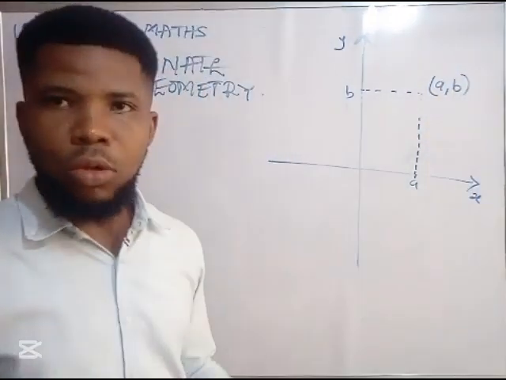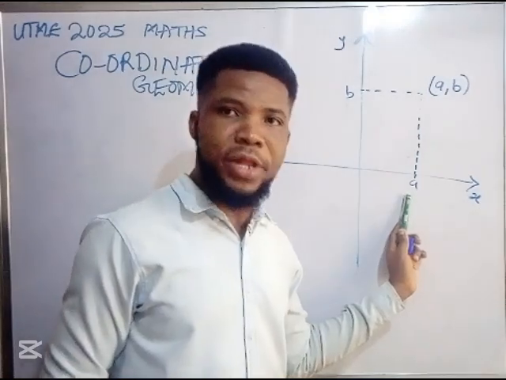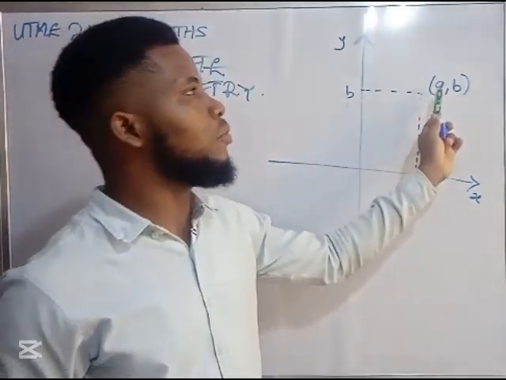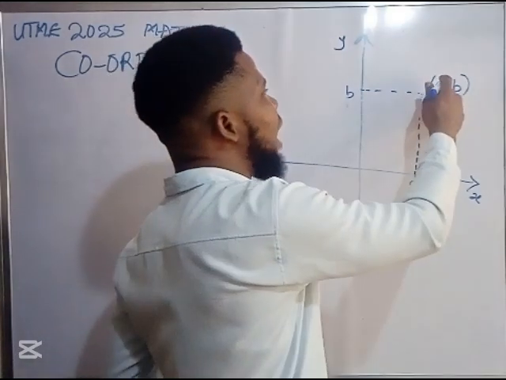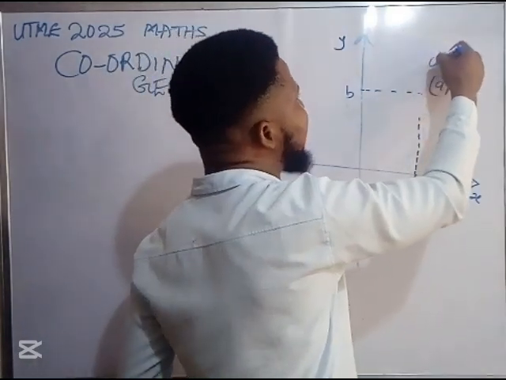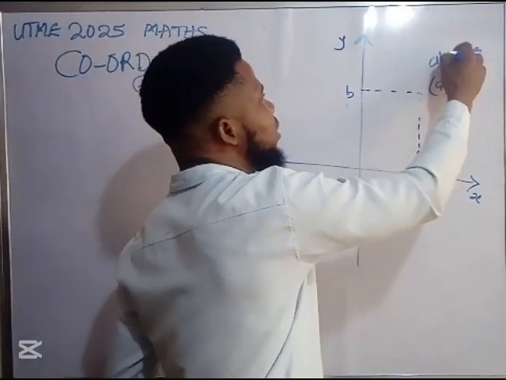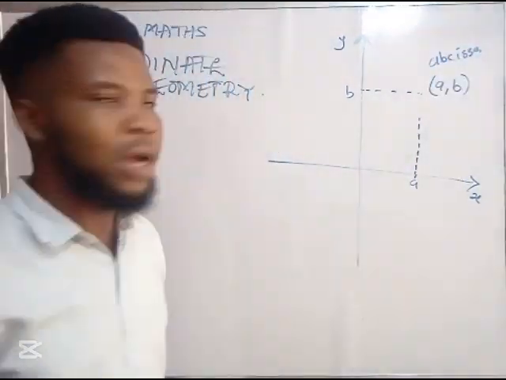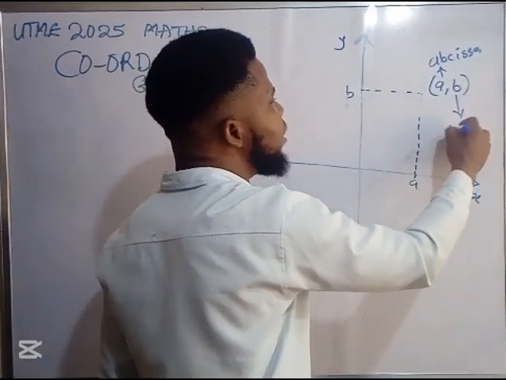So if you look very well, you notice that the x coordinate comes before the y coordinate. This x coordinate is called the abscissa. Alright, abscissa. While the y coordinate is called the ordinate.